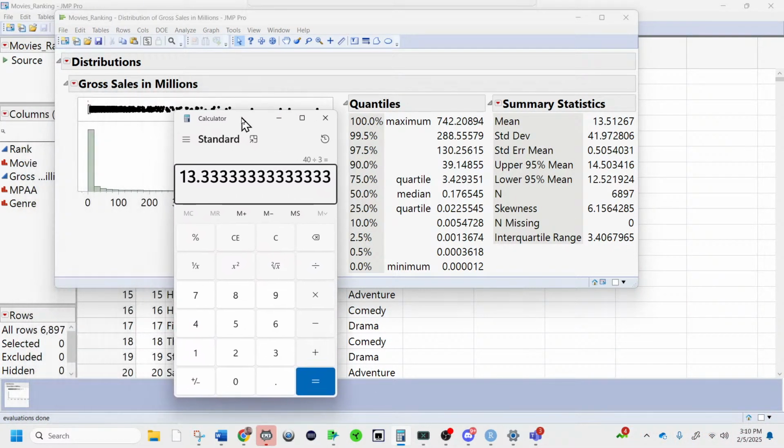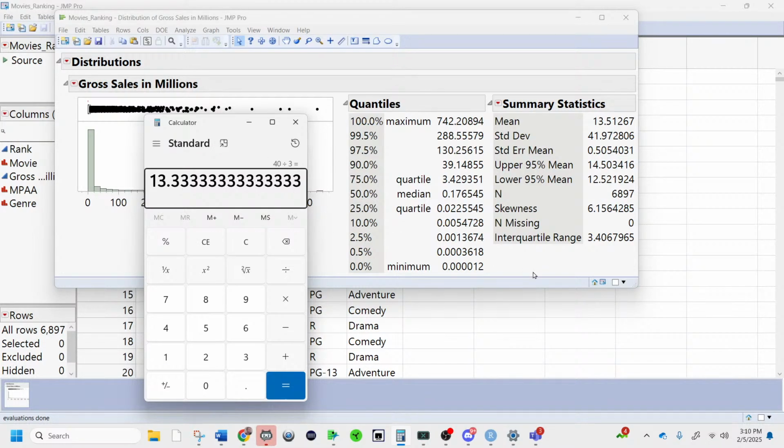The IQR is the range of the middle 50% of the data. So we go to the 75th percentile right there, 3.42935, and subtract from it the 25th right here. So the IQR is the range between the two numbers.